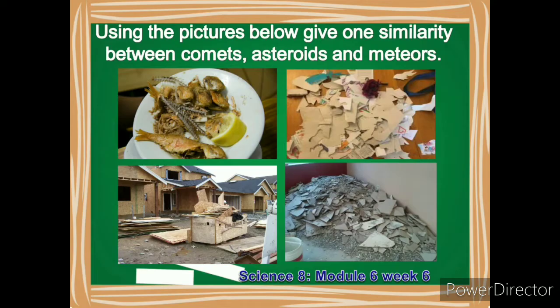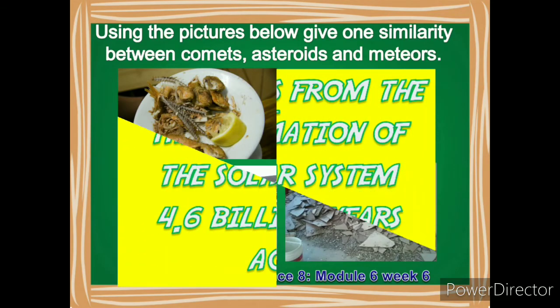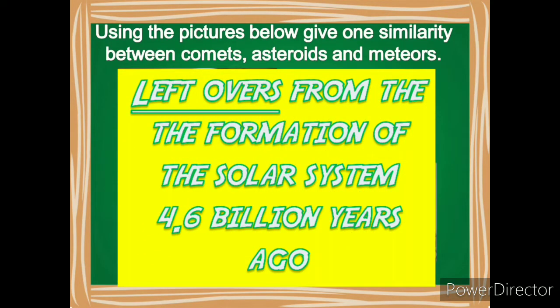Okay, that's it. What are these things? These are leftovers. Okay? Leftovers. So comets, asteroids, and meteors are leftovers of what? They are leftovers from the formation of the solar system 4.6 billion years ago.